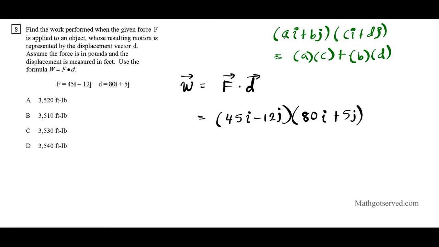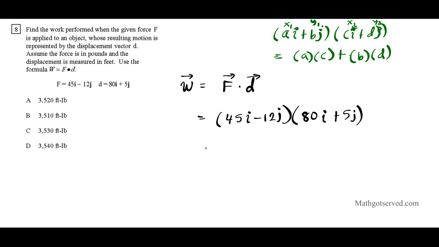So multiply the i components, like the x's, x1 times x2, and then the y's, y1 times y2, and then you find the sum. That's basically how you find the dot product.